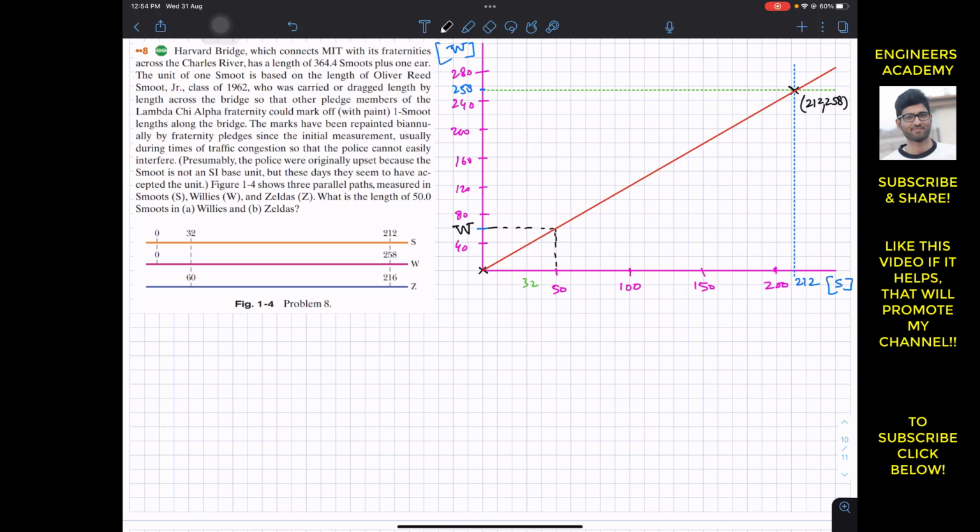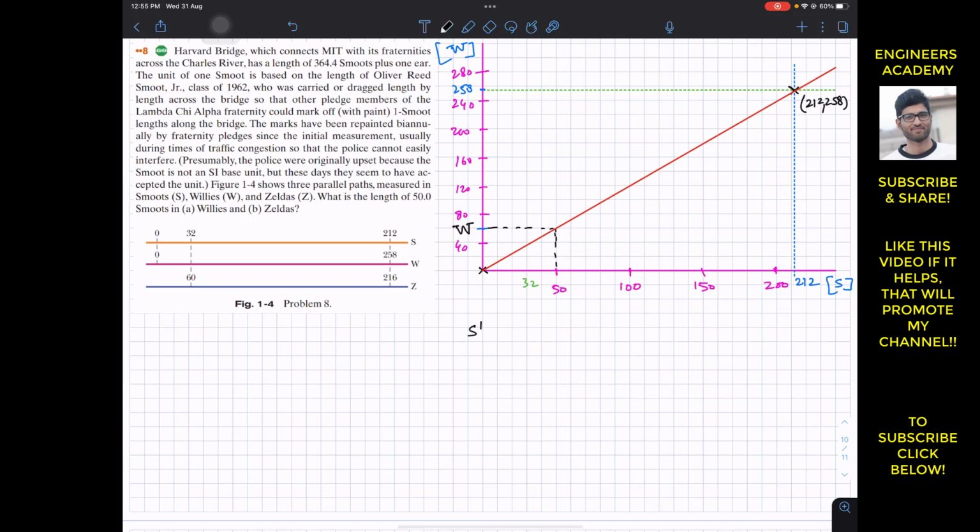Let's say that at 50 Smoots the Willies value is W. Since it's a straight line, we can find the slope of this line. This red line represents the Willies, and we know that the slope is rise divided by run. The slope between this point and this point, and the slope between this point and this point, will remain the same.